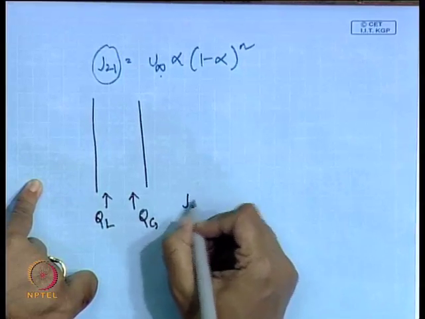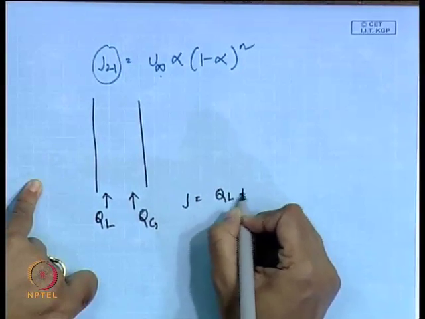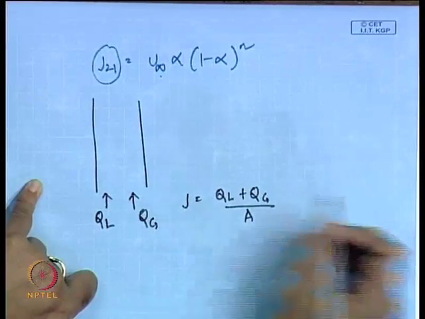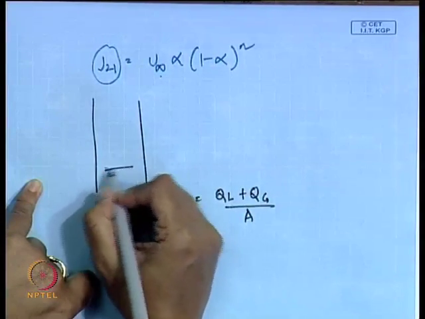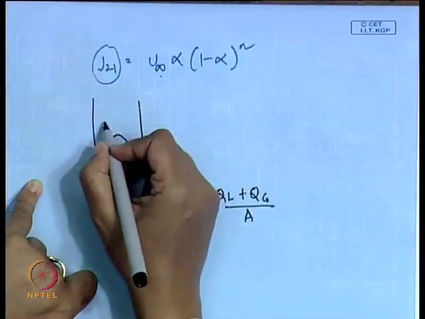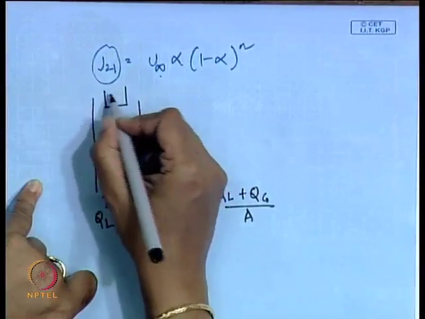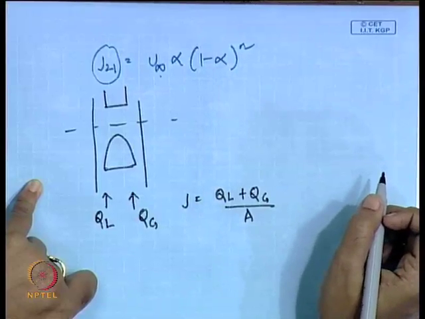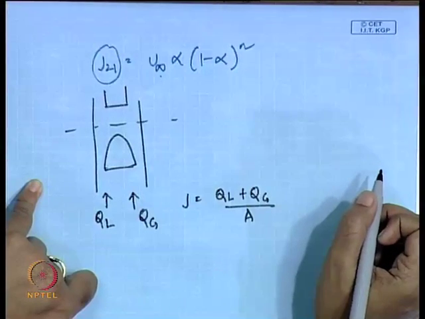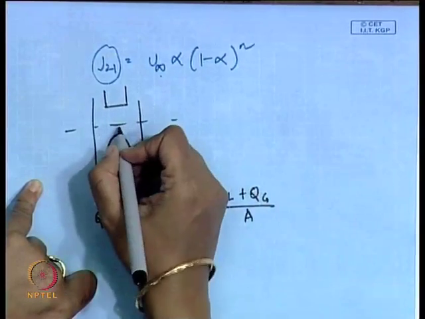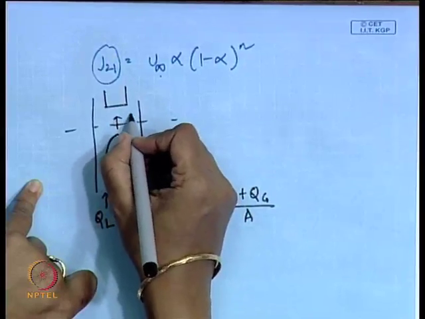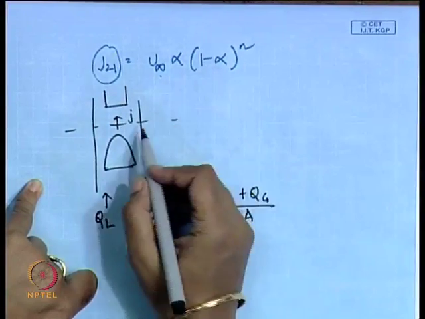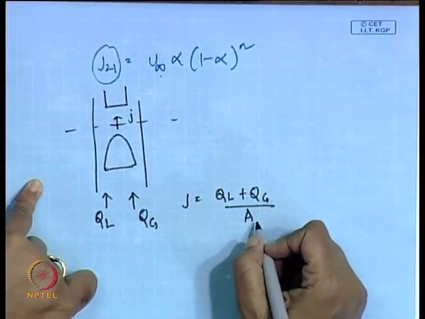At the entry we have J, the overall volumetric flux, equal to QL plus QG by A. Inside the passage, maybe we have some Taylor bubbles, liquid slug, and again another Taylor bubble. Suppose we take any particular cross section, the overall volumetric flux must be the same. Therefore, the liquid in this portion should also rise with a volumetric flux J, where J equals QL plus QG by A.